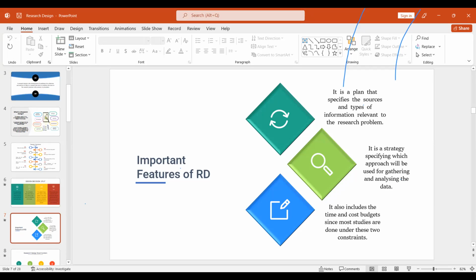But when the purpose of the study is accurate description of a situation or association between variables, the accuracy becomes a major consideration, and the research design which minimizes biases and maximizes the reliability of the evidence collected is considered as a good design.